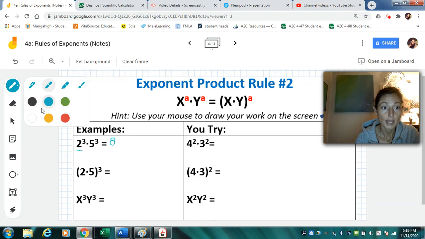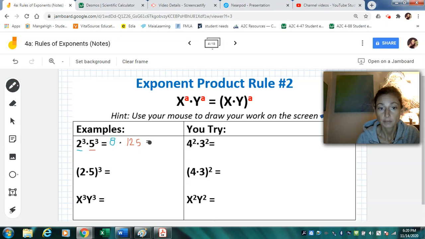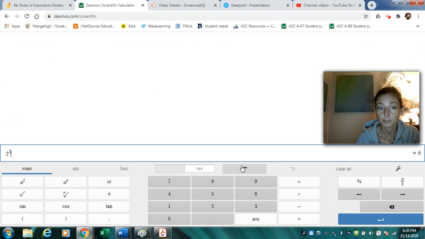And then I'm multiplying that by 5 cubed. So 5 cubed, that's 5 times 5 times 5, which is 125. So I'm going to simplify that: 8 times 125. And that gives me 1,000.